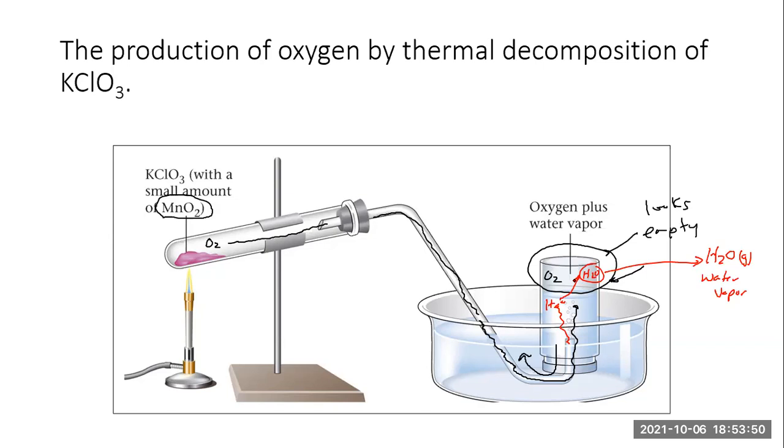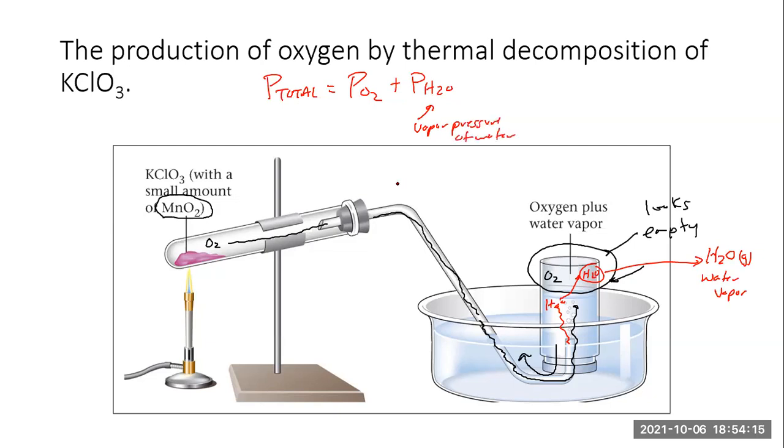So what you end up getting is really a partial pressure situation. The total pressure in this case would be the pressure of the oxygen gas, which is actually what we're looking for, plus the partial pressure of water, which again is referred to as the vapor pressure of water.